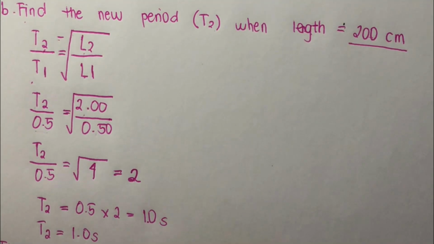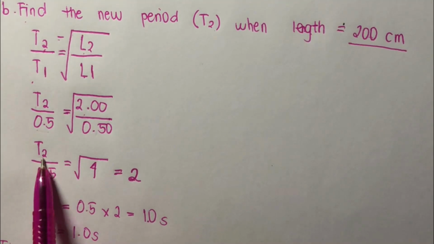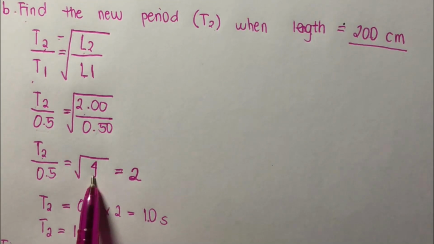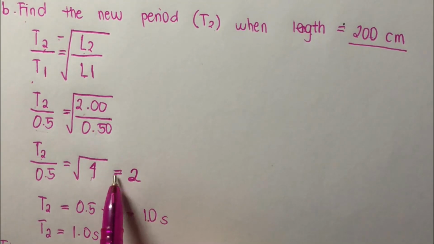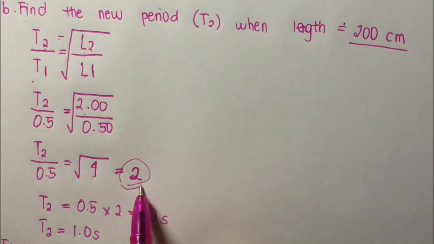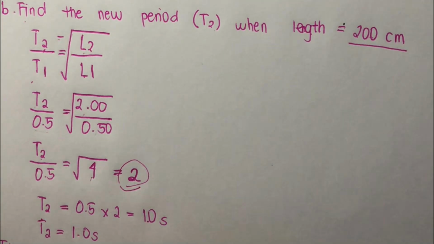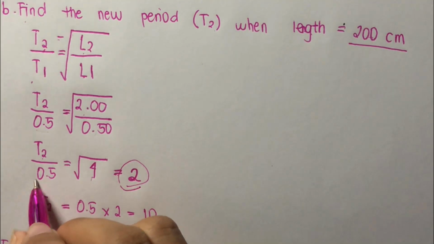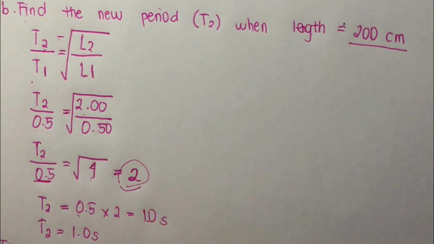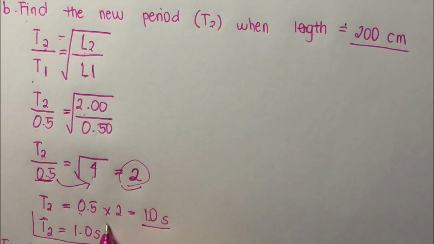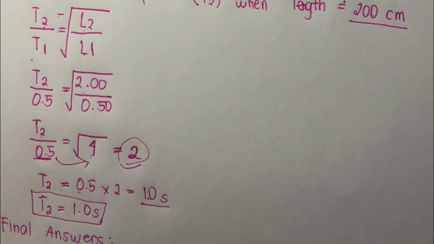So, T2 over 0.5 is equal to the square root of 4. And the square root of 4 is equal to 2. Now, to isolate T2 and find its value, we should transpose 0.5 to the other side after the equal sign, then multiply it by 2, then the answer will be 10 seconds. The answer for letter B is T2 equals 10 seconds.